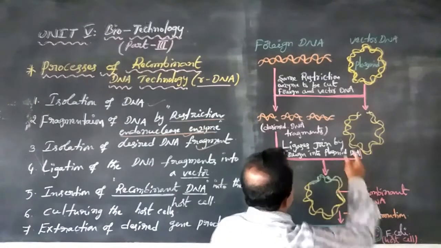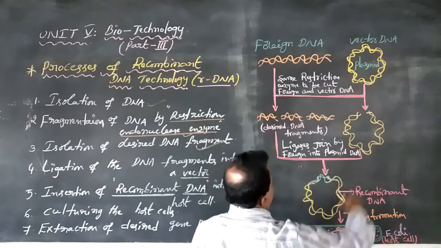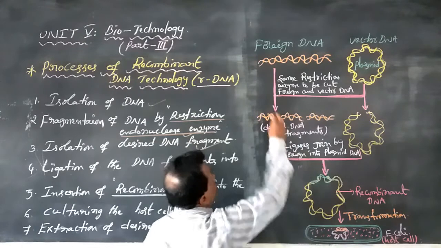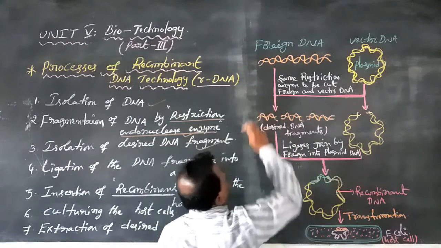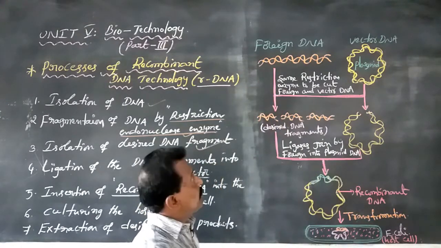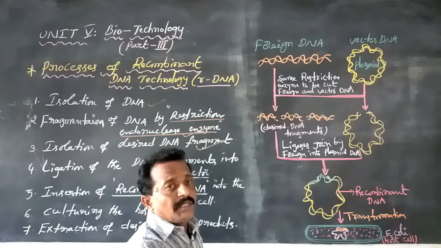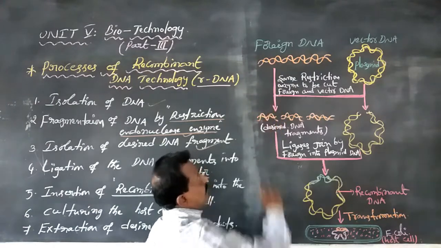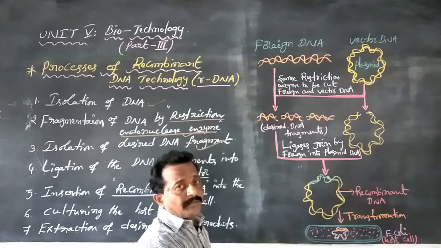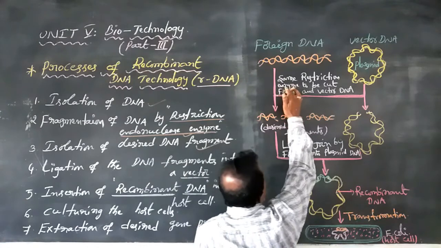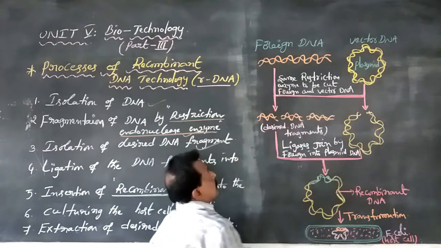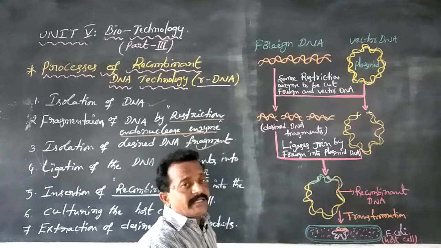Now, this is a total diagrammatic representation of recombinant DNA technology. This is one foreign DNA molecule, that is, one double strand DNA molecule. This double strand DNA molecule contains thousands of nitrogen base pairs, but the restriction endonuclease enzyme cuts only at one specific sequence, that is 6 base pairs.